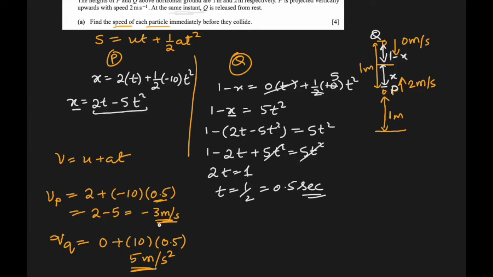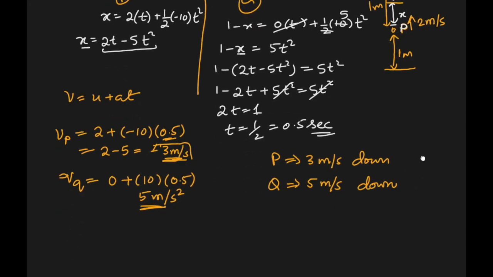Since this is faster and this is slower, both are going in the same direction, okay? 5 meters per second downwards, because we release it downwards. So it comes later and collides with particle P. So the question was, what were the speeds? For P, the speed was 3 meters per second downwards. Q was also 5 meters per second downwards.